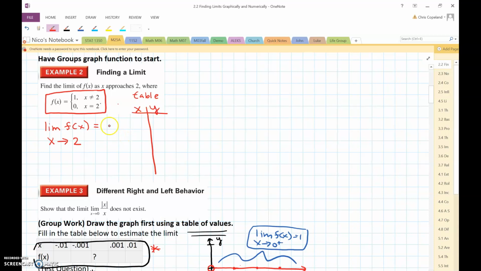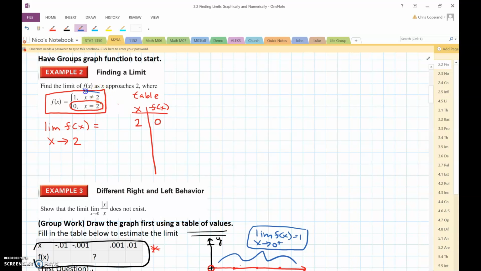Okay. So let's start with this ordered pair here. It tells us when x is 2, f of x, which is y, so I'll write this as f of x, is equal to 0. So we got that one. Okay?